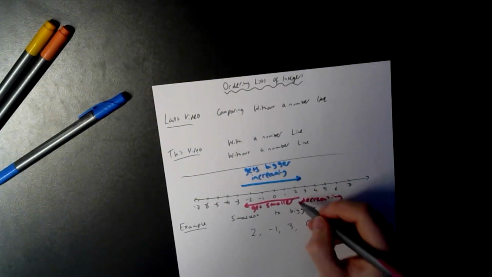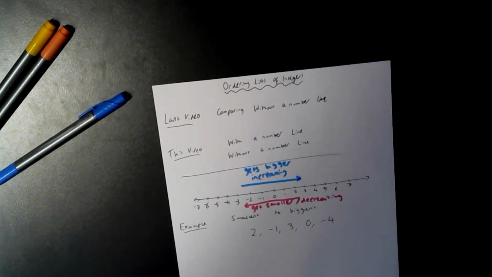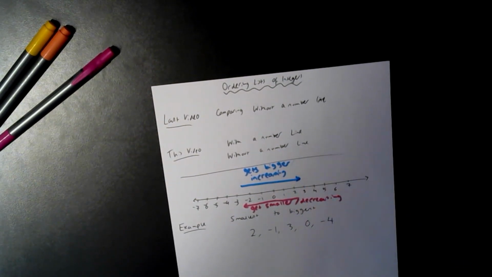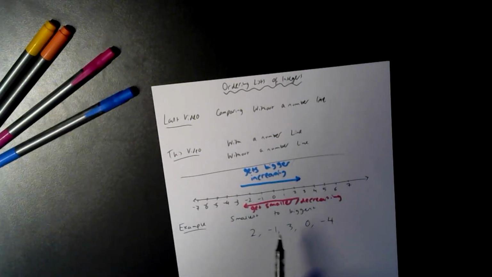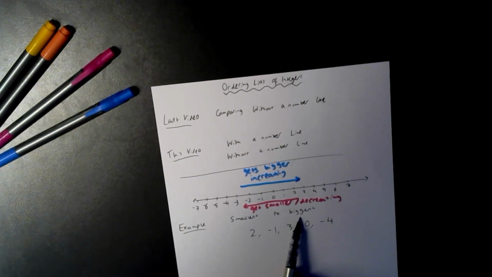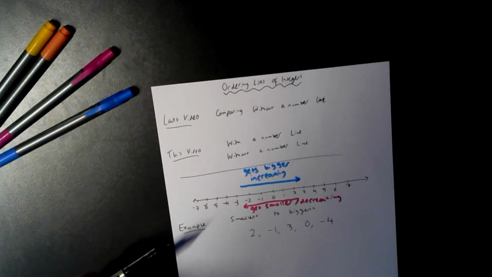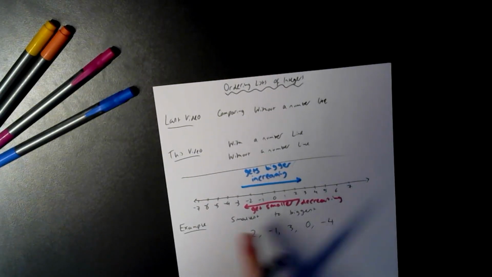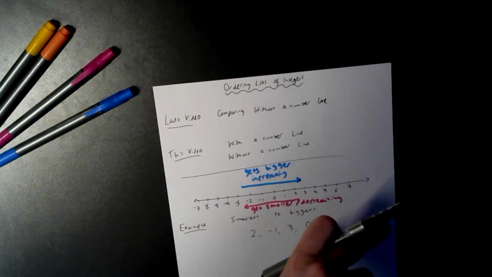Okay. And so what we want to do is go from smallest to biggest. So we want our numbers to be listed in that direction.